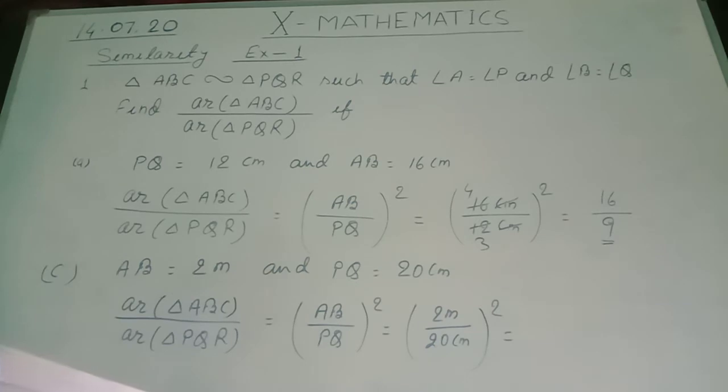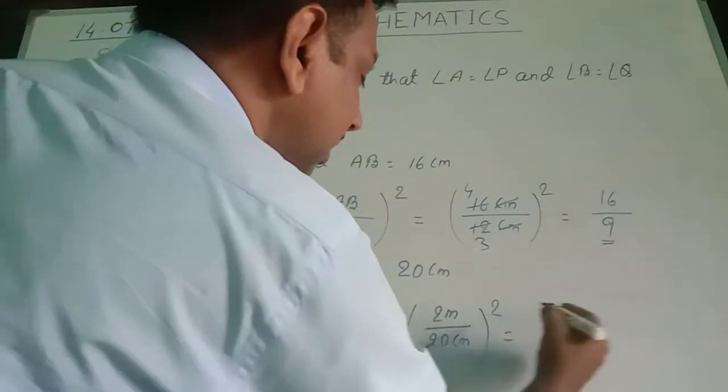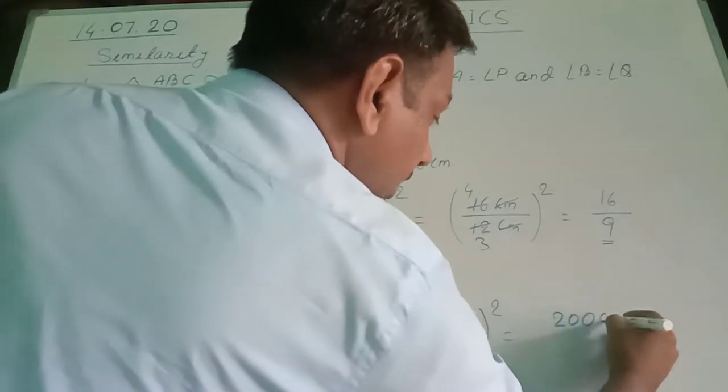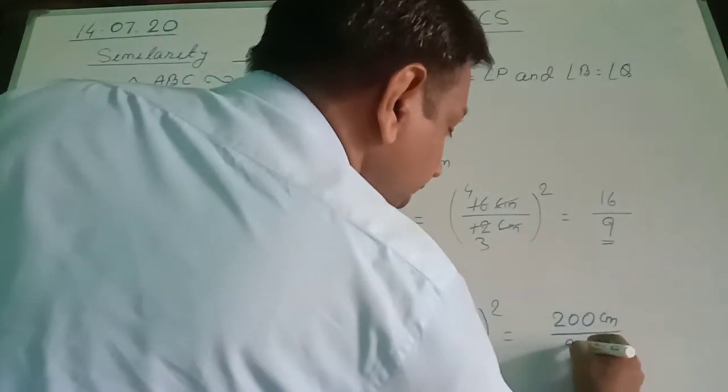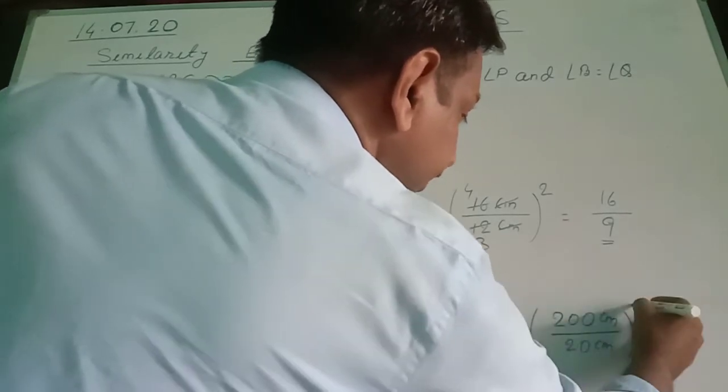The unit of the numerator is different and the unit of the denominator is different. The unit of the numerator is meter and the unit of the denominator is centimeter. So we change meter into centimeter. For that we multiply by 100 to change into centimeter. So we get 200 centimeter by 20 centimeter whole square.